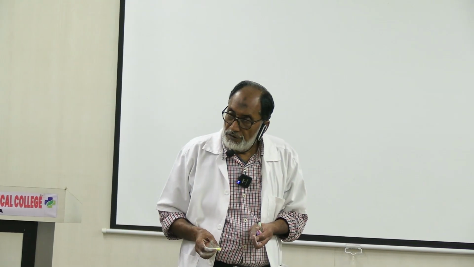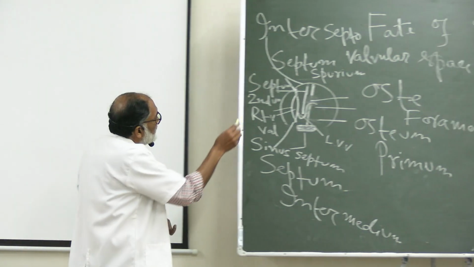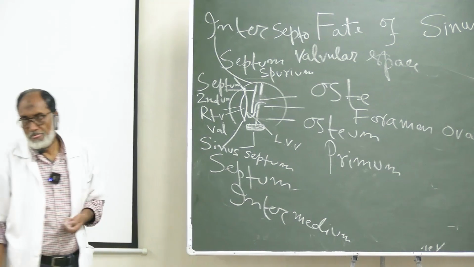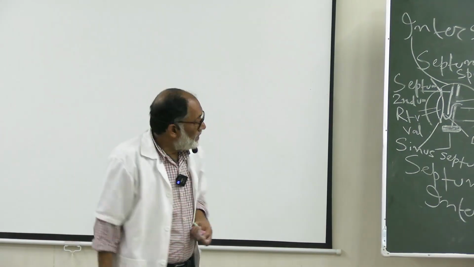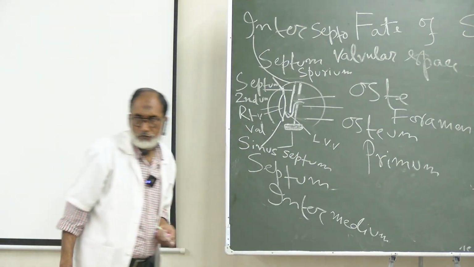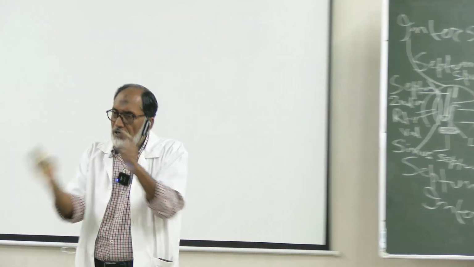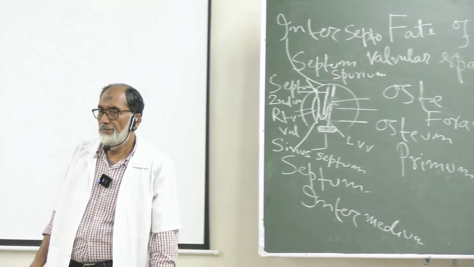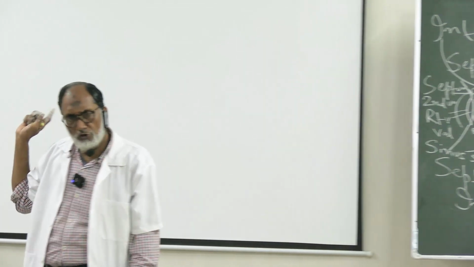Sometimes another little source is the septum spurium and the left valve of the sinoatrial orifice, which merge with the septum secundum. So they are also contributing to some extent.